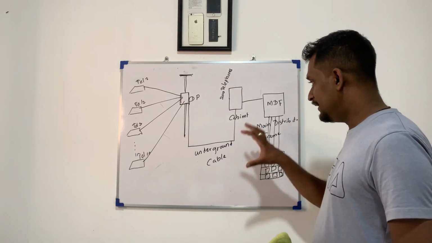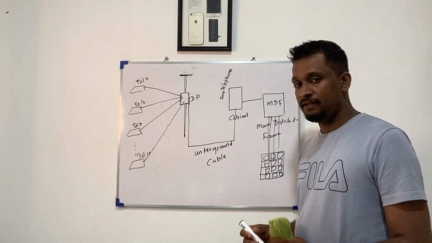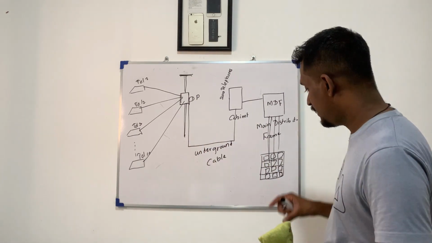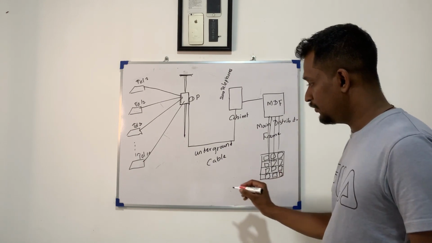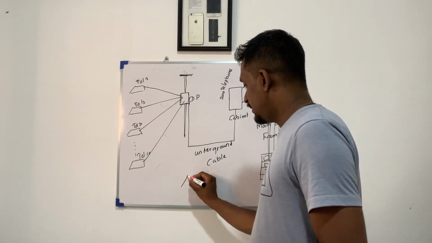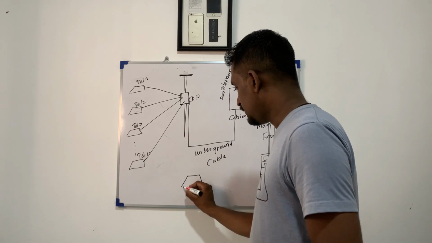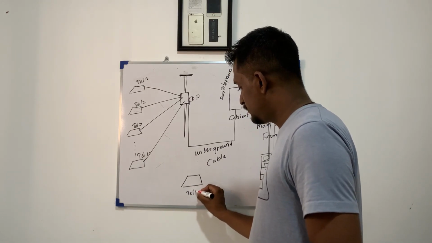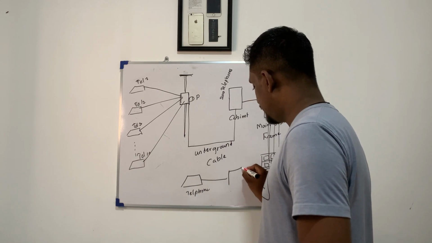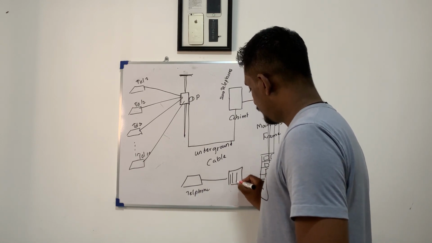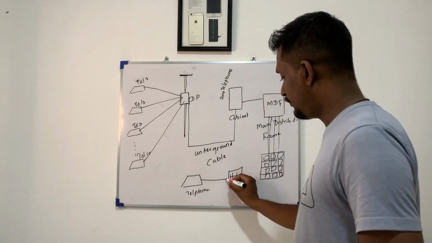So in this diagram we have to understand two things. When we connect from a telephone to an exchange, there's a name for it.